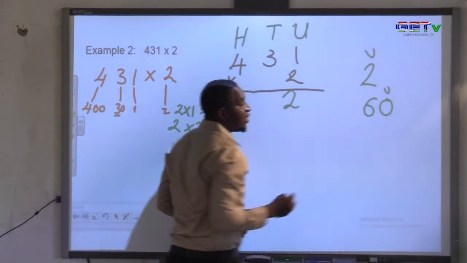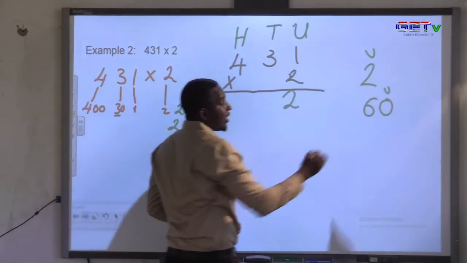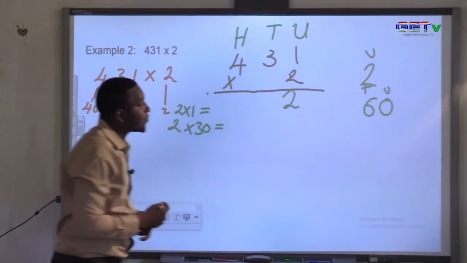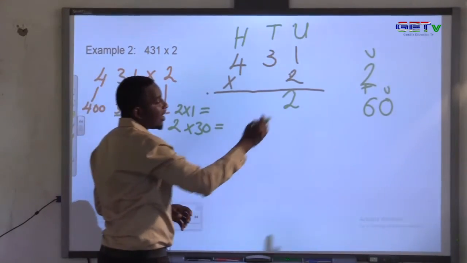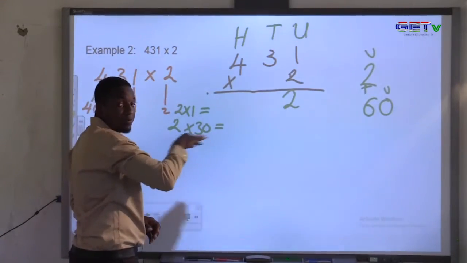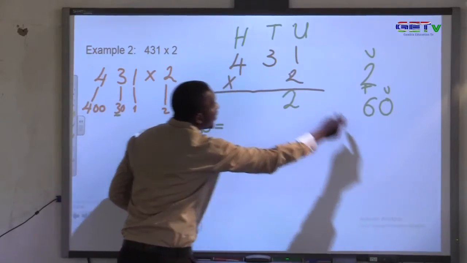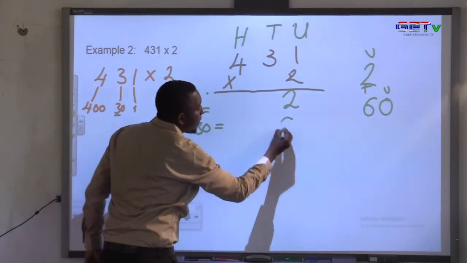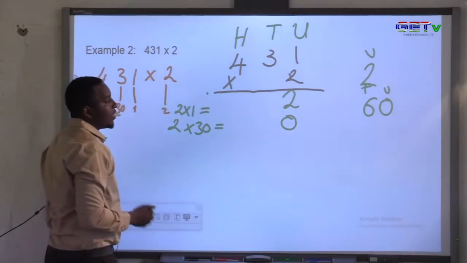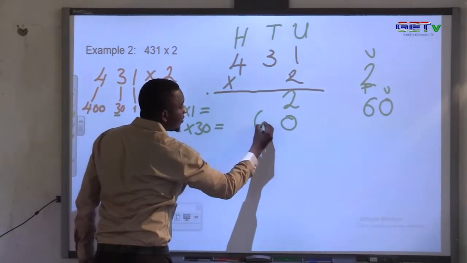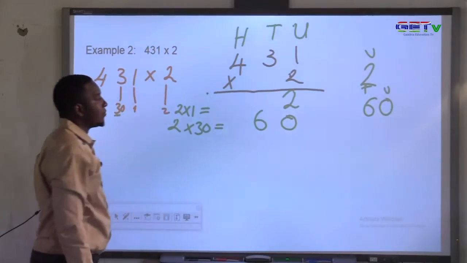So we look at the place value of 6 and 0. The place value of 0 there is unit, and the place value of 6 is tens. So we are going to put 6 and 0 in their respective place values. We said 0 is under the unit column. We write 0 here. And we said 6 is under the 10th column. We are going to write 6 somewhere here.